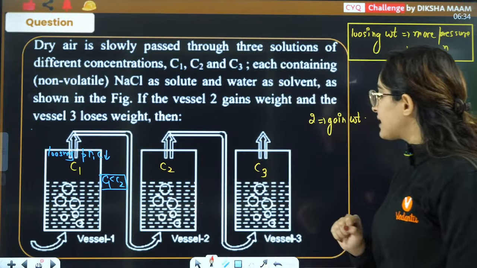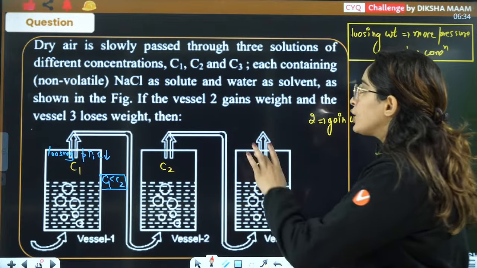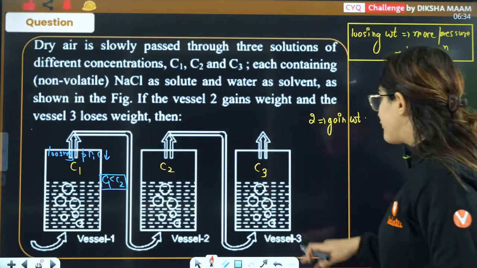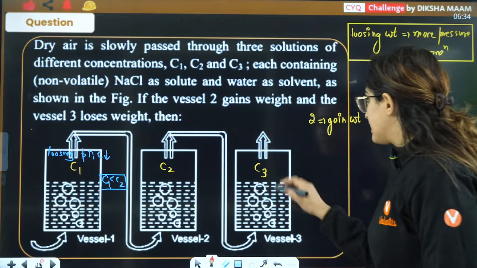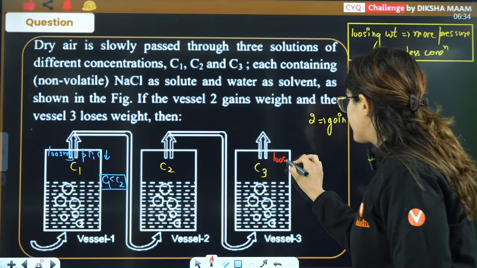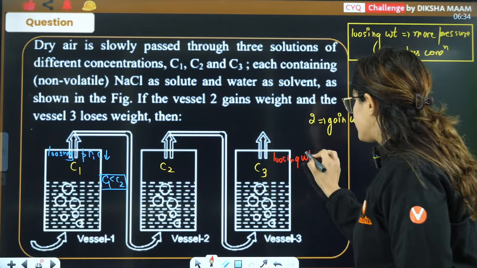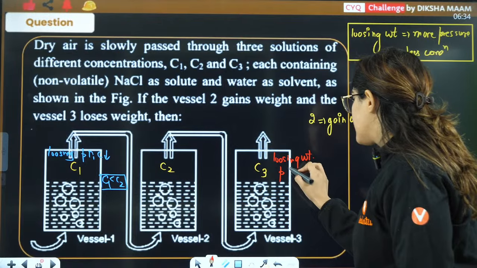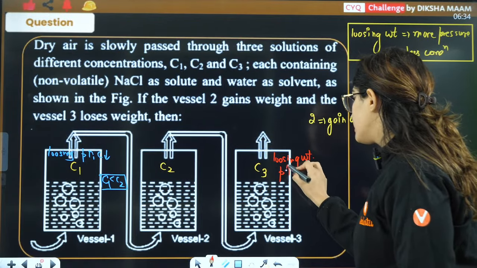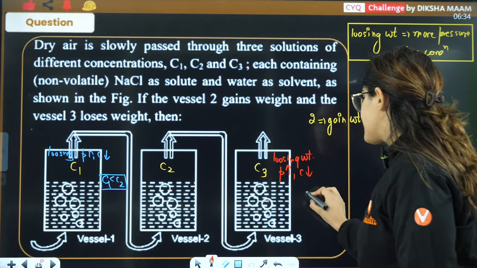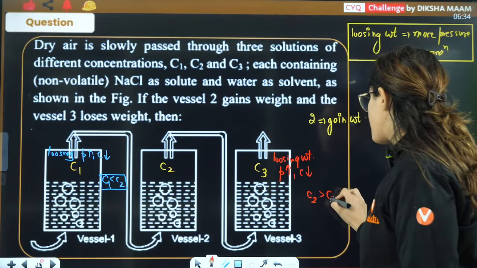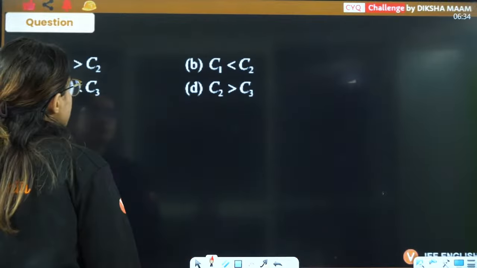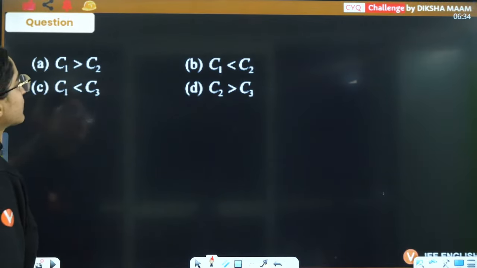In a similar case, vessel 3 loses weight. If vessel 3 is losing weight, that means pressure is more here, which means concentration is less. So you can say C2 concentration is more than C3. C2 is more than C1, and C2 is more than C3.